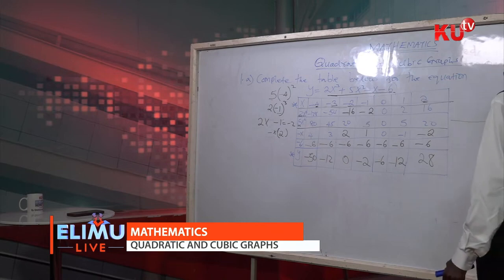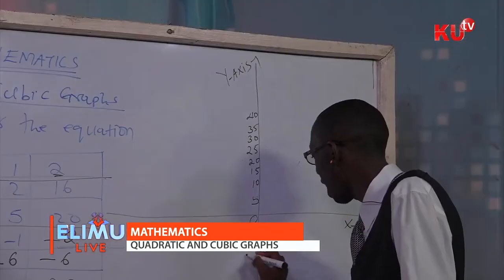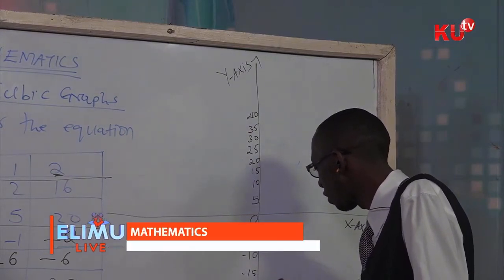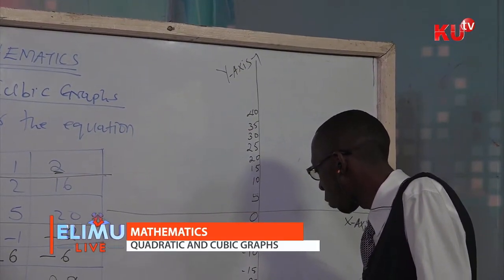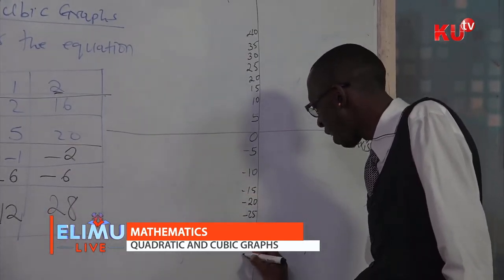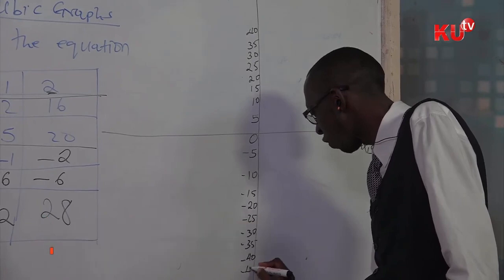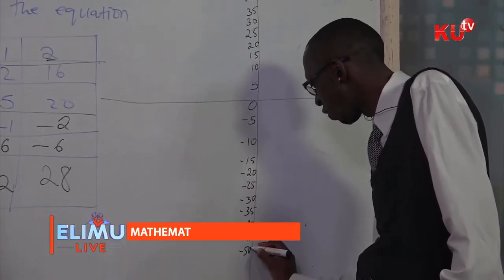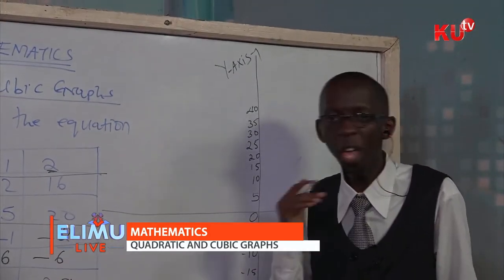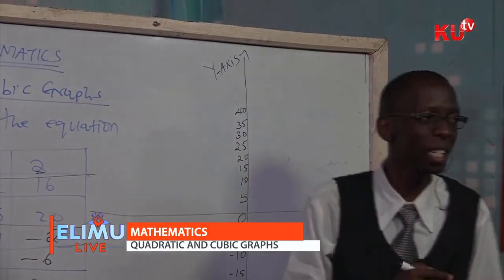The highest positive value is positive 28. Then on the negative side, negative 5, negative 10, negative 15, negative 20, negative 25, negative 30, negative 35, negative 40, negative 45, negative 50.